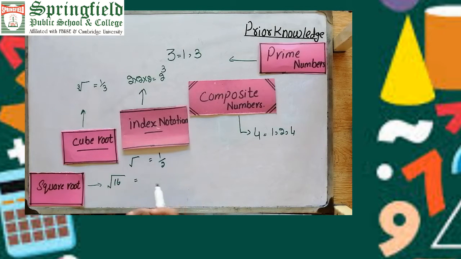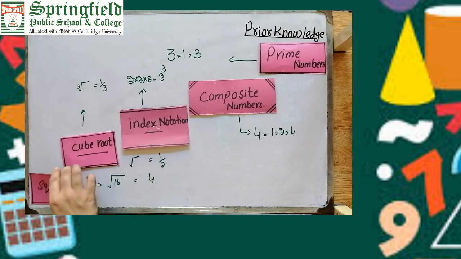As I told you in the previous lecture, when we find the cube root, we make cubes of the factors, and when we find the square root, we make squares of the factors. Then we simplify. As we already know, the square root of 16 is equal to 4. It means 4 is the square root of 16. Understood? Now come to the new topic.